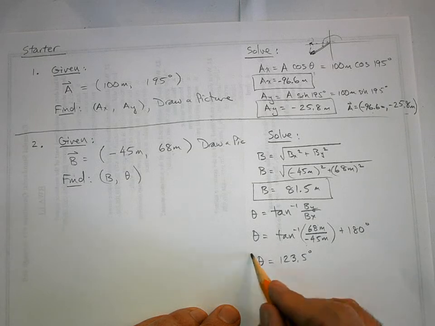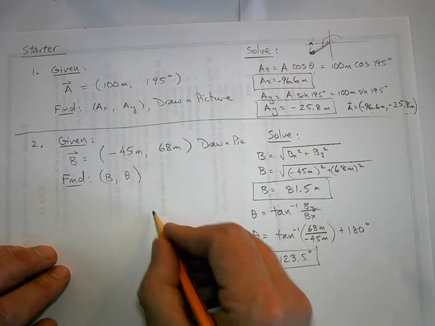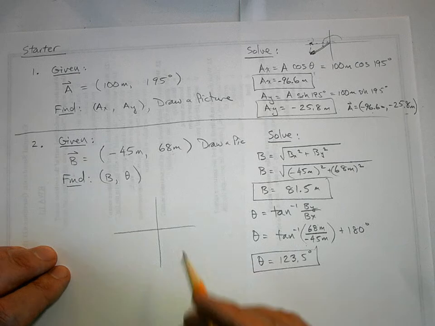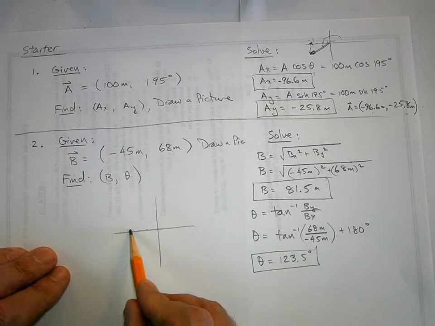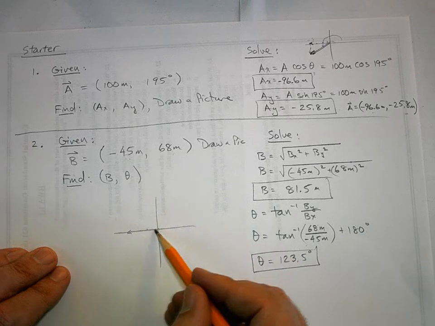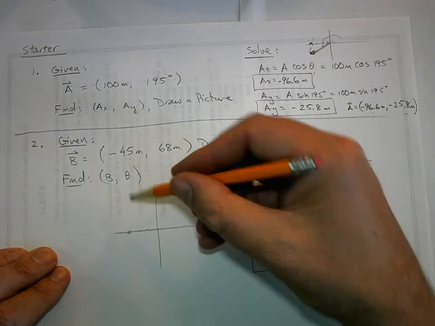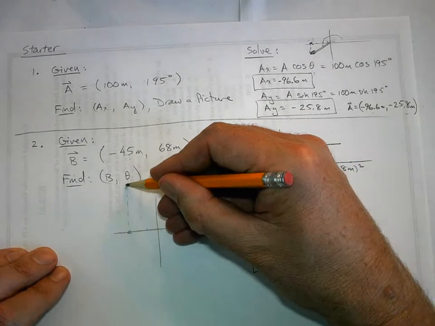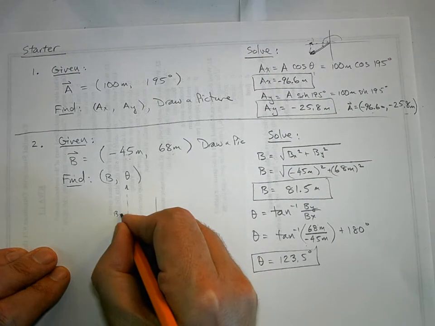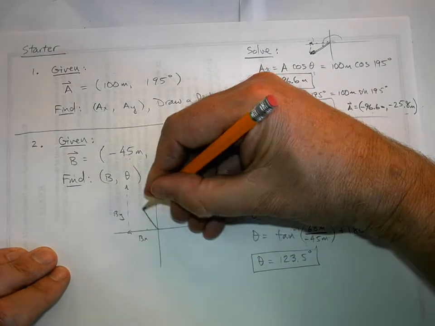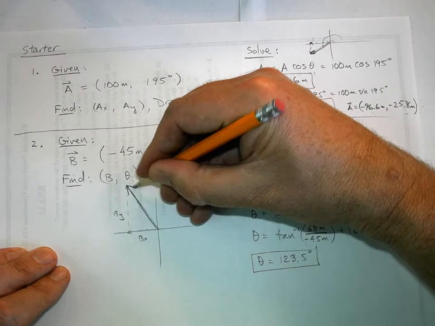Okay. Now let's draw a little picture of it. Here's my XY axis. B_x is negative 45, so there's negative 45. Now if this is negative 45, this is going to be taller. So there's B_x, here's B_y, and my overall vector is going to be off in that direction.